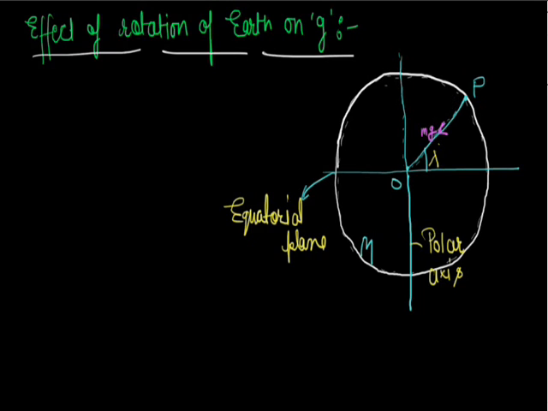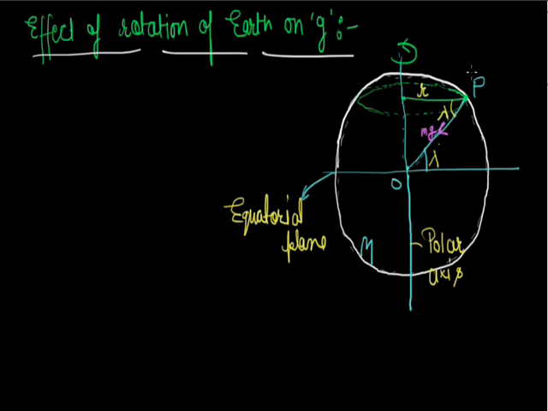So this particle m placed at P will also revolve around the horizontal circle of radius, suppose it is small r. Since this angle is lambda, this angle will also be lambda.